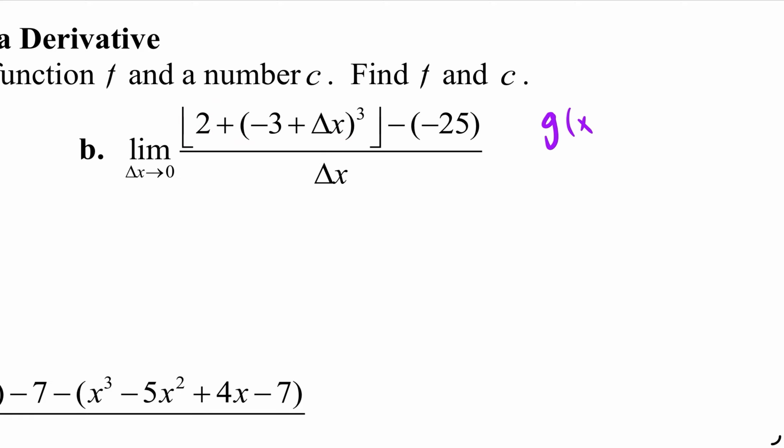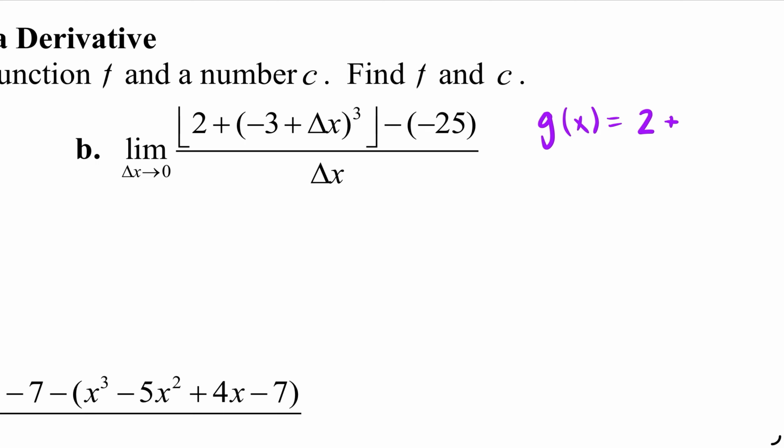So I'm going to call this g of x since I used f of x. Sorry, if you used f of x again, it's fine. I'm going to put 2. Okay, and then you can see right here, this is our x plus h. So that means this just becomes x. So I have plus x cubed. Okay, now it's just a matter of figuring out what I plugged in, and I'm pretty sure that the x I plugged in is this negative 3 right here.